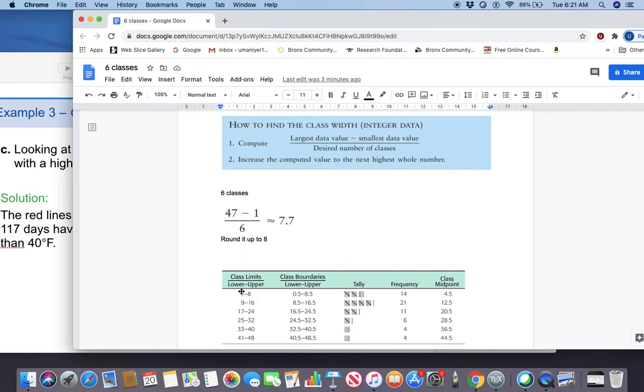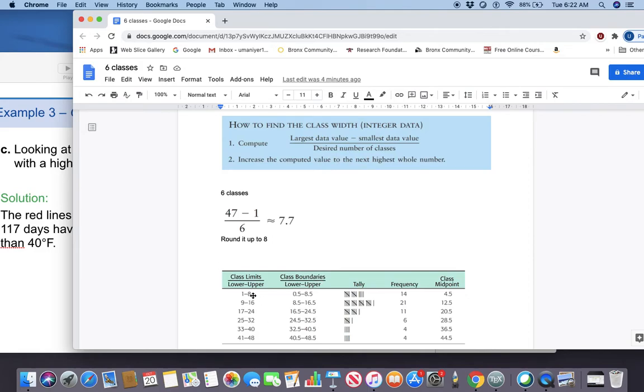Once you have found all the lower class limits, the upper class limits are 1 less. 9 minus 1, that's 8 there. 17 minus 1, that's 16 there, and so on. Another way: first find the first upper class limit, 1 less, and then keep adding 8. Those get you all the upper class limits.